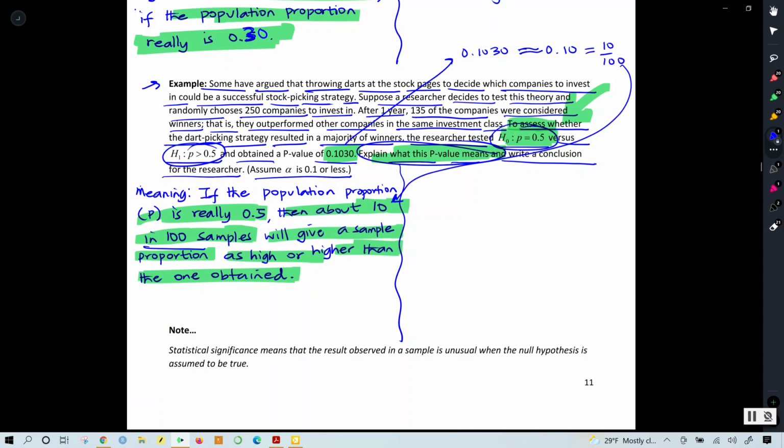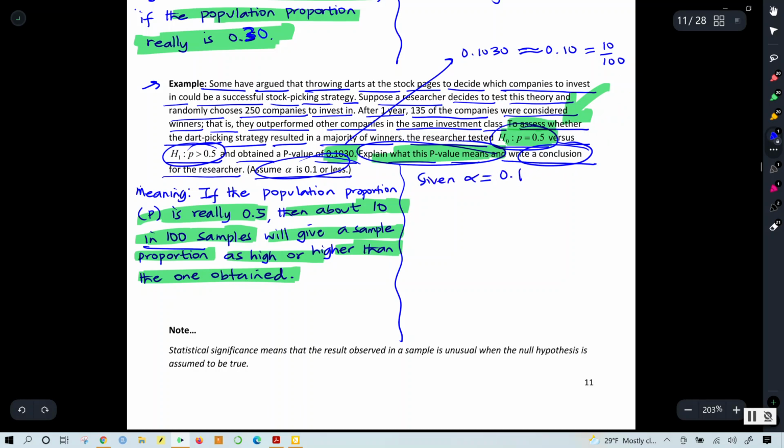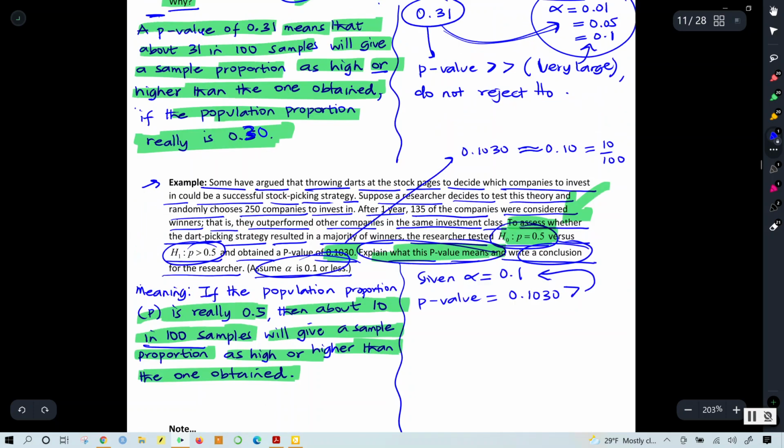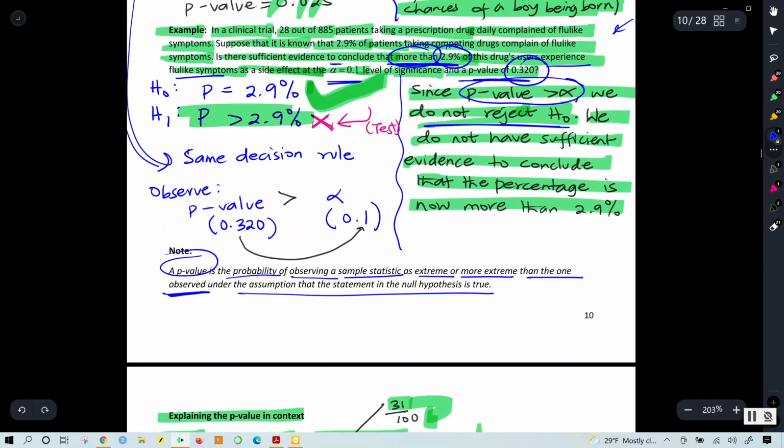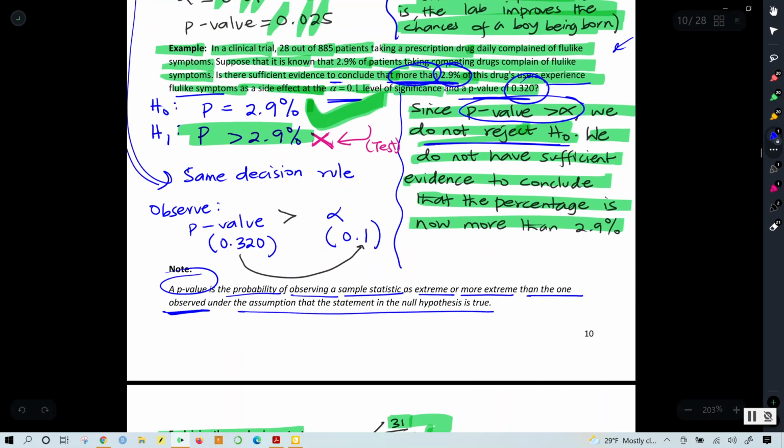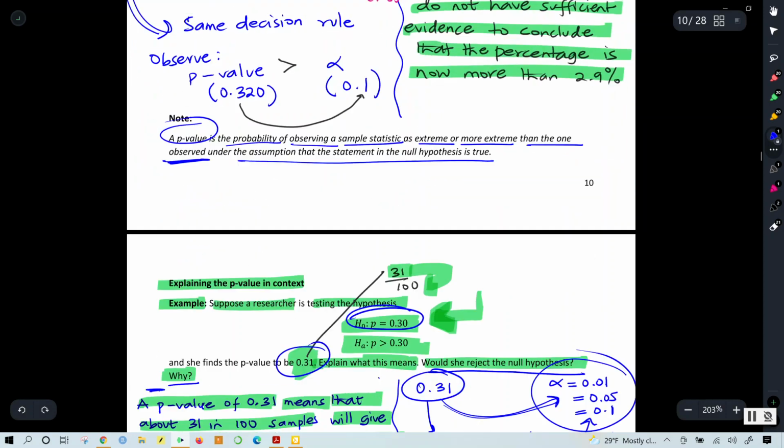Then, we are to write a conclusion based on the assumption that alpha is 0.1 or less. What we observe is that our p-value is 0.1030, which is greater than alpha. Whenever our p-value is greater than alpha, what do we do? We always do not reject the null hypothesis.